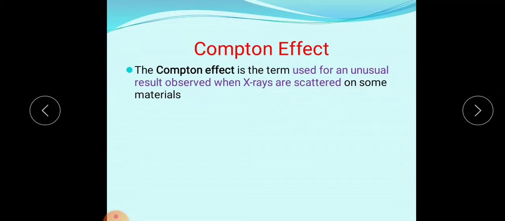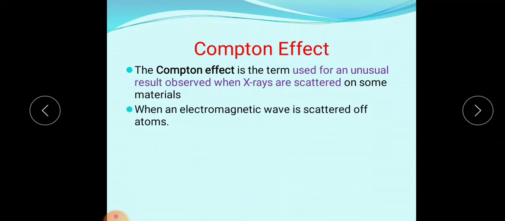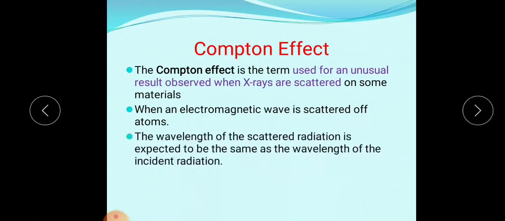When an electromagnetic wave is scattered off atoms, the wavelength of the scattered radiation is expected to be the same as the wavelength of the incident radiation.